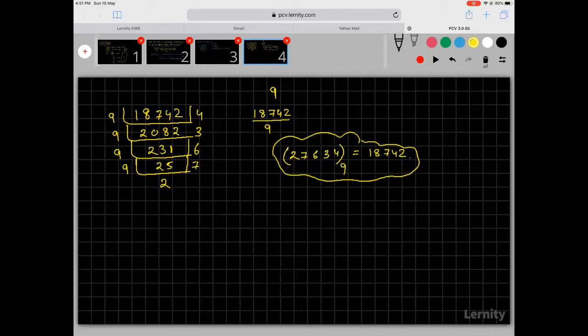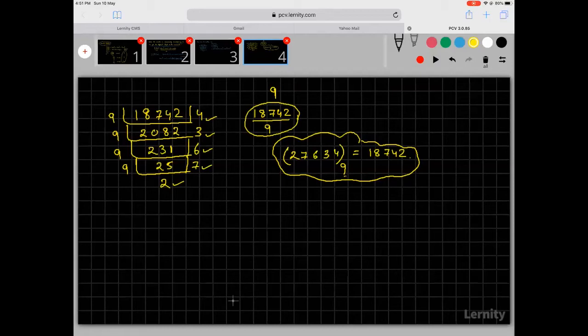So I am taking the number, I am dividing it by 9. Whatever remainders I am getting, if I just arrange them, it becomes this old number to the base 9 is that number.